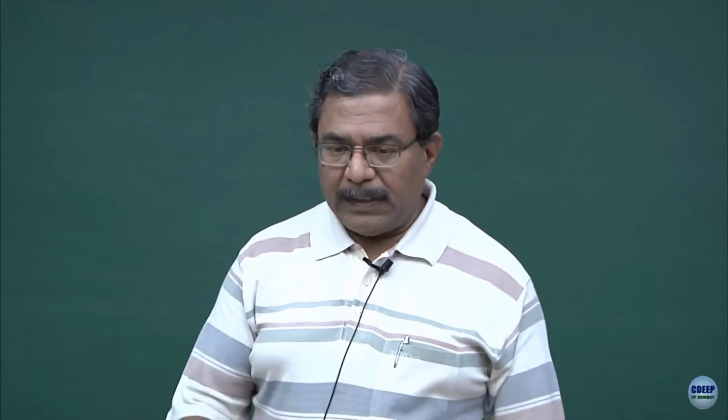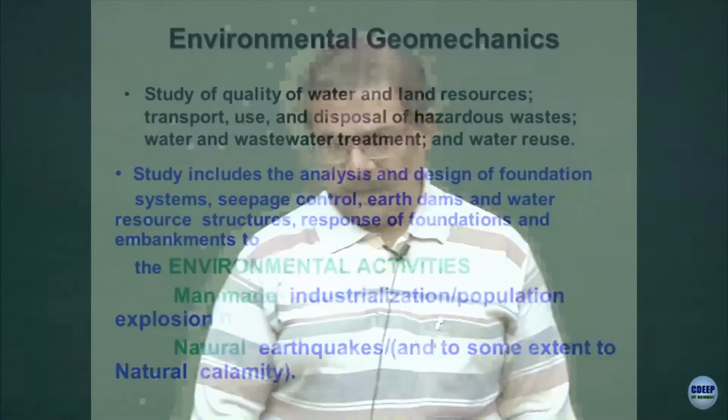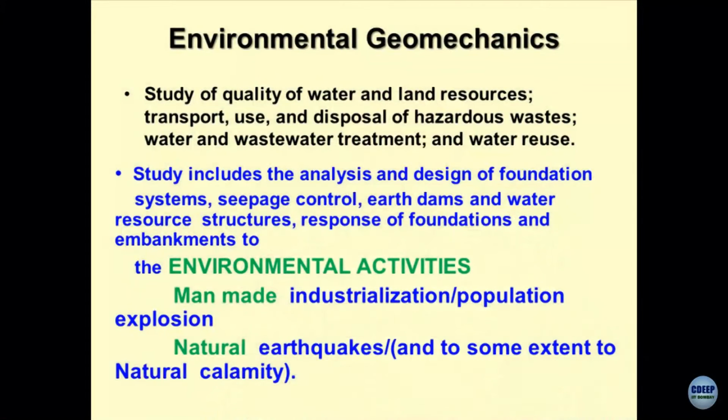This could be due to the change in the climatic pattern. In what way cloud burst could be linked with the practice of environmental geomechanics, I hope you can make out very easily. When a cloud burst occurs, the chances of landslides become extremely severe, and landslide is a subject which every geotechnical engineer would like to handle. This is how things become interdisciplinary and get linked with each other.